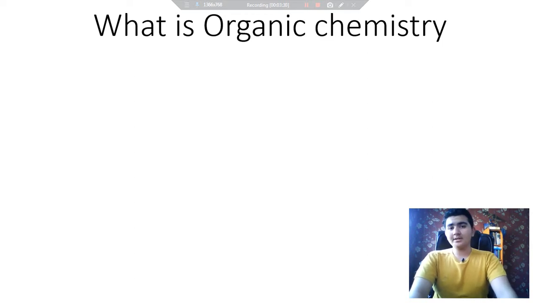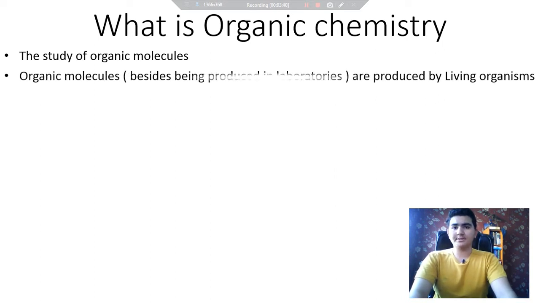The study of these molecules is called organic chemistry, and these organic molecules are made by living organisms, besides being produced in labs. So they are mostly produced by living organisms.